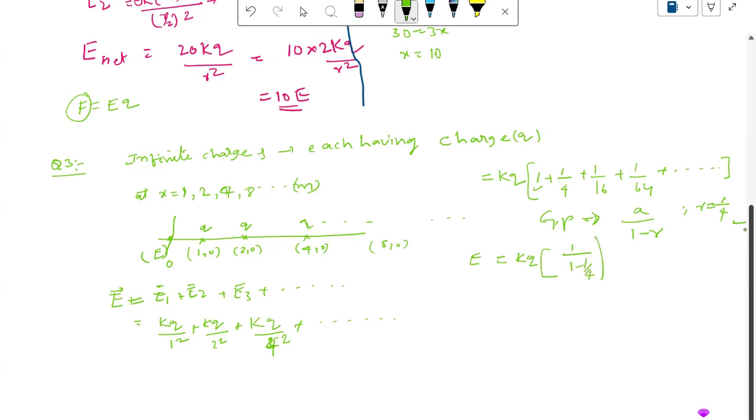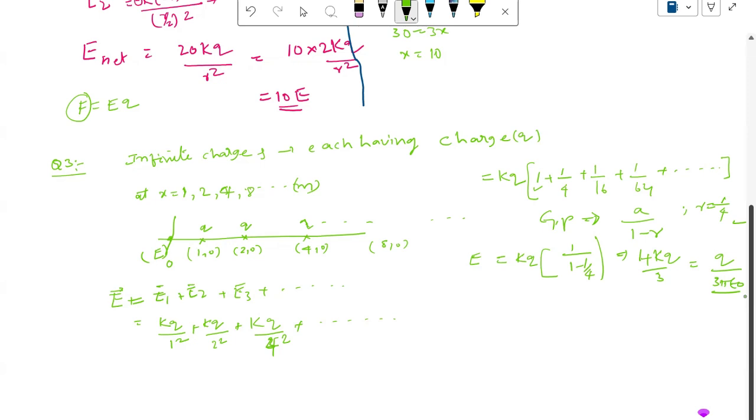So this will become 3 by 4, then 4 by 3. That equals 4KQ by 3, that equals Q by 3 pi epsilon r. So 4 pi epsilon r gets cancelled, Q by 3 pi epsilon r.